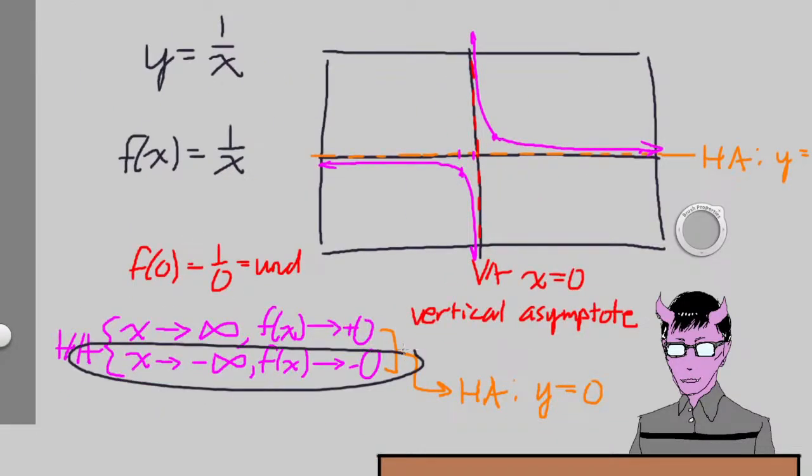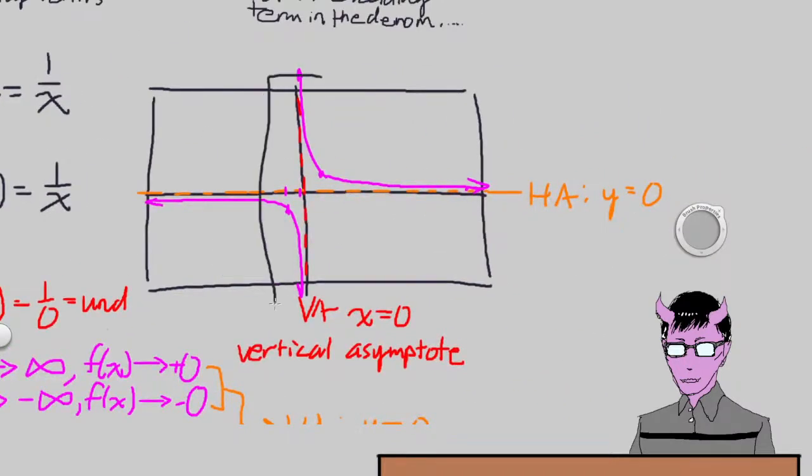And in the other direction, what happens when your x values trend towards large-size negative values? Then you get close to 0, but they're still negative, which is why we're below the x-axis.